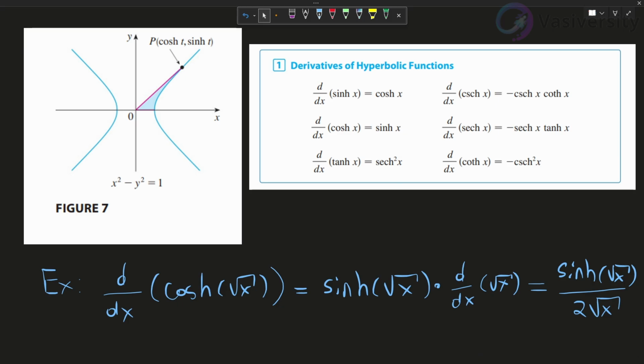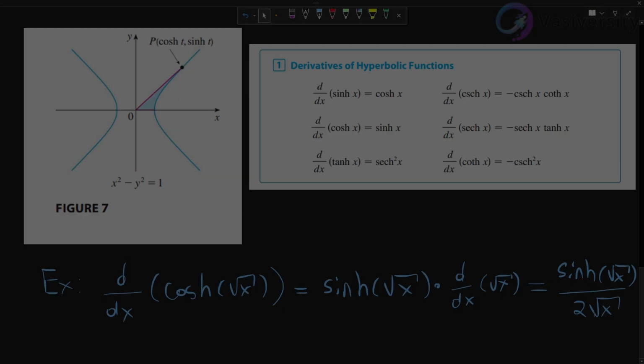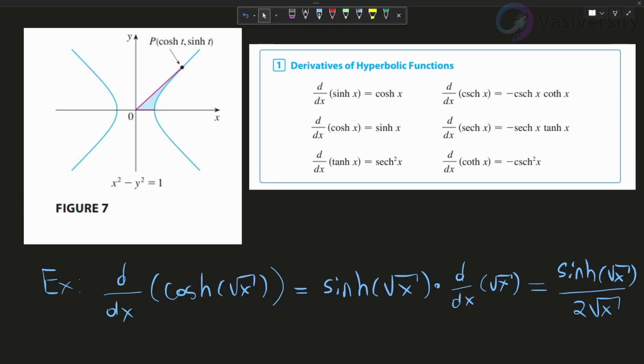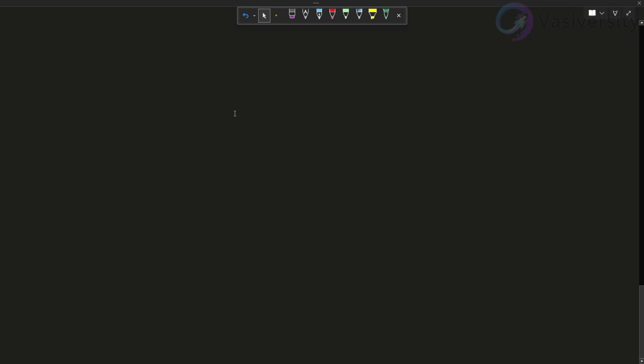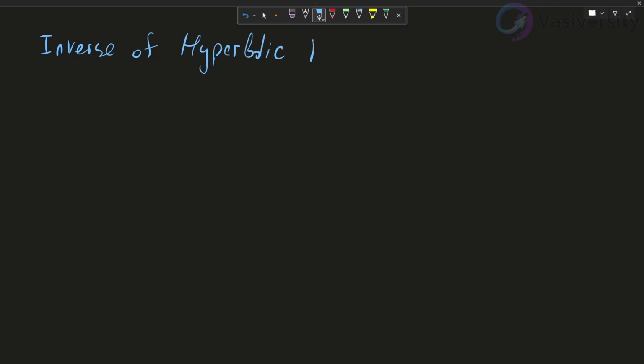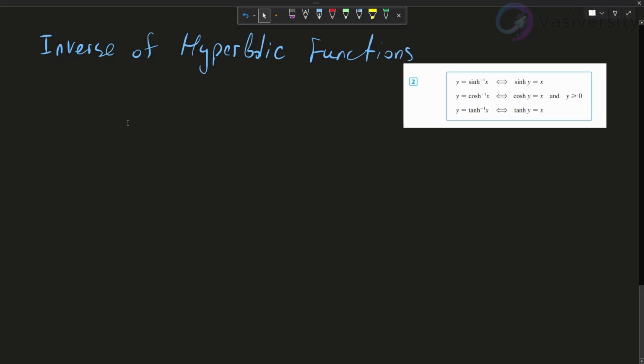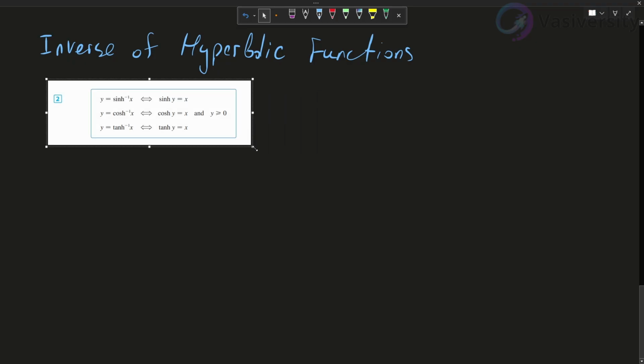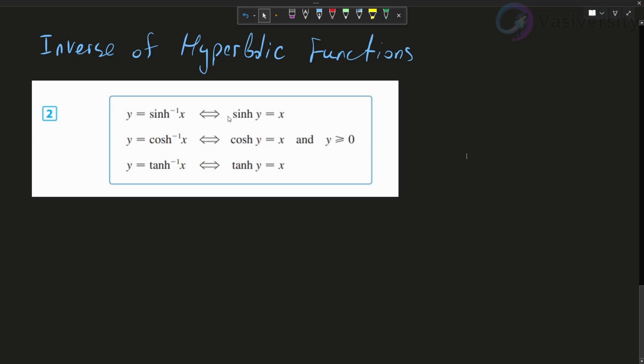Now, of course, these functions also have inverse functions, so let's take a look at the inverse of hyperbolic functions. If we have the hyperbolic function of y equal to x, then y is the inverse hyperbolic function of x.